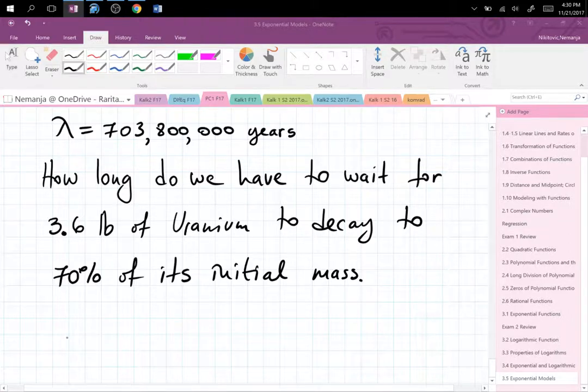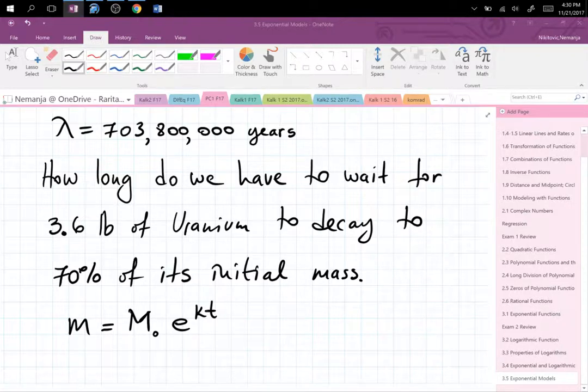We start with the mass at any time is the initial mass, M0, e to the kt. And we can use the half-life. Half-life occurs at half of the initial mass.